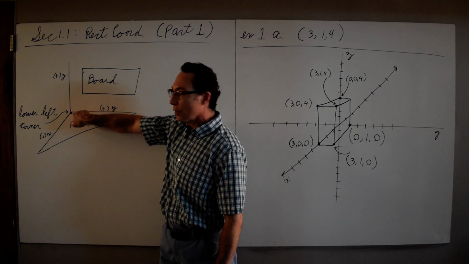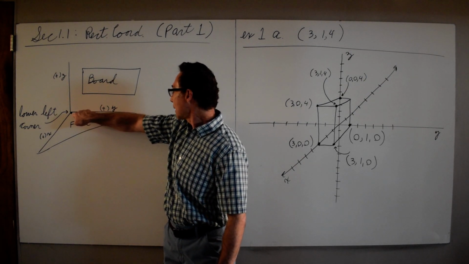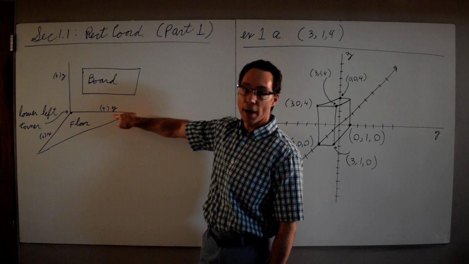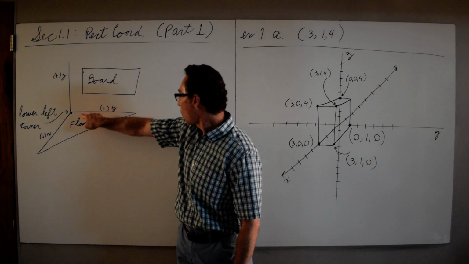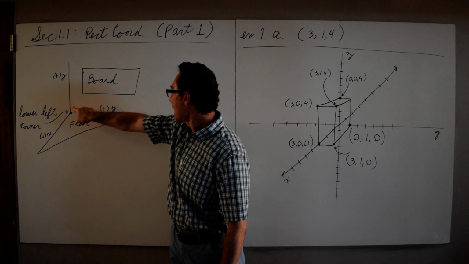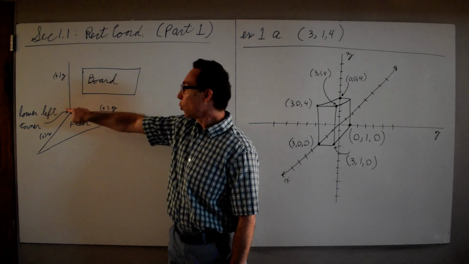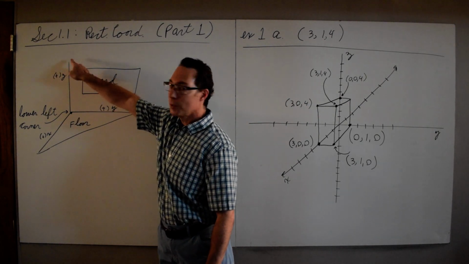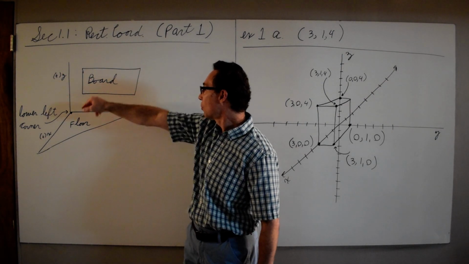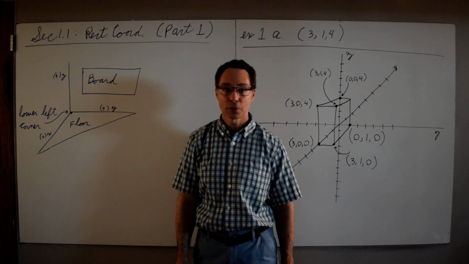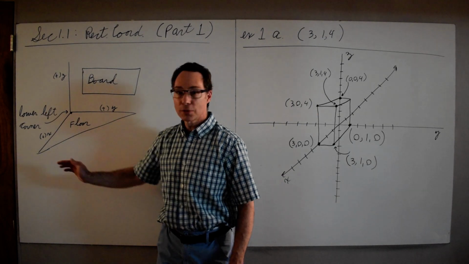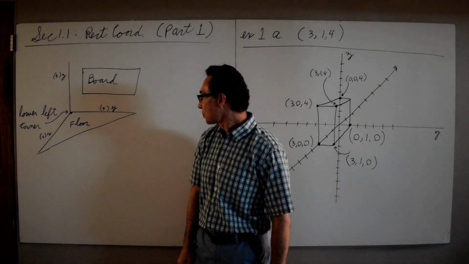This axis here is the positive y-axis. The positive z-axis runs along the corner of the room. It goes from the floor up to the ceiling, and it keeps going through the ceiling. The positive x-axis comes out toward you.